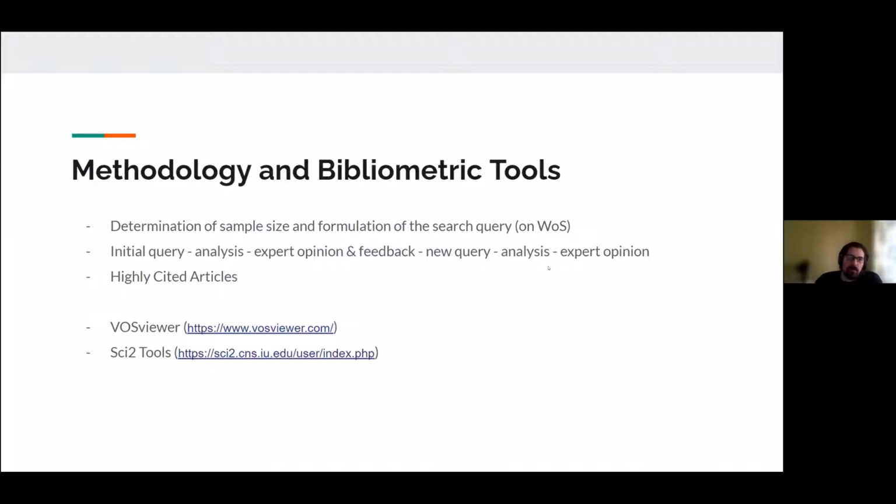What we did was we initially formed a query, we did some analysis, we searched, found some experts, asked their opinions and feedback, then a new query, analysis and expert opinion. And both software tools that we used, VOSviewer and SciSciTool, are free software tools. You can just go to the websites and use them.